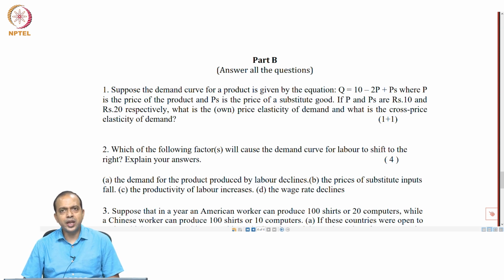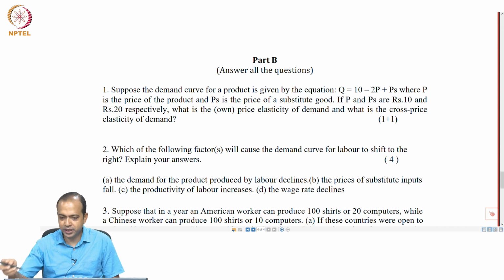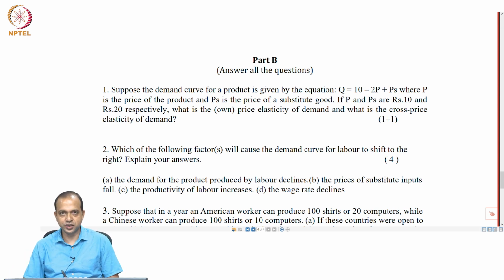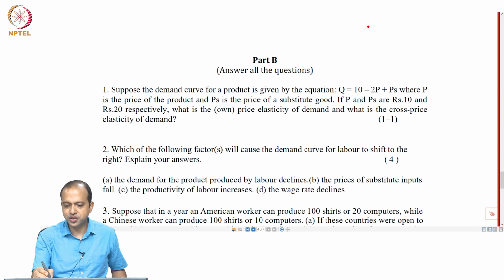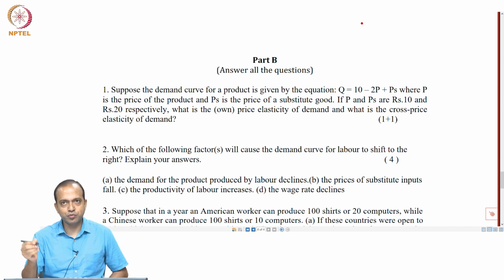If P and PS are rupees 10 and 20 respectively, what is the own price and cross price elasticity of demand? As you know, own price elasticity of demand, that we understood, is the inverse of the slope.